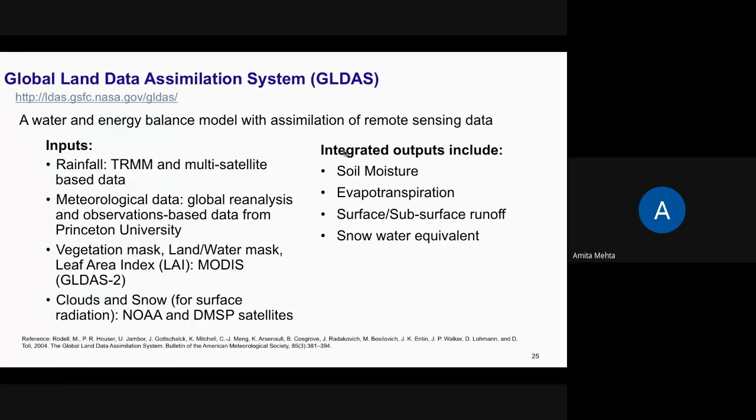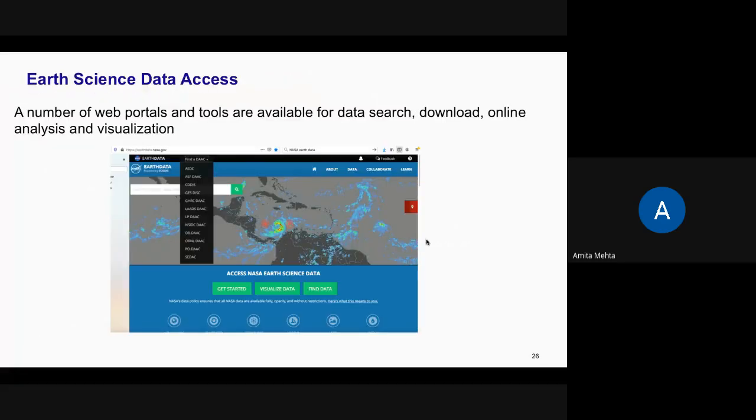The integrated output you can get is soil moisture, evapotranspiration, surface and subsurface runoff, and also snow water equivalent, the last two of which you really cannot observe directly. So this is the only way to get these two components. If you want to look at the overall water budget in any area, then GLDAS is a good model, and now it's available at quarter-degree resolution.